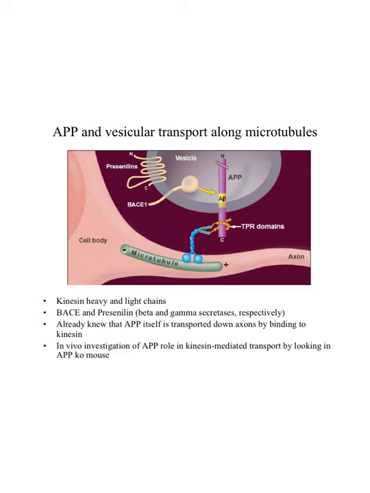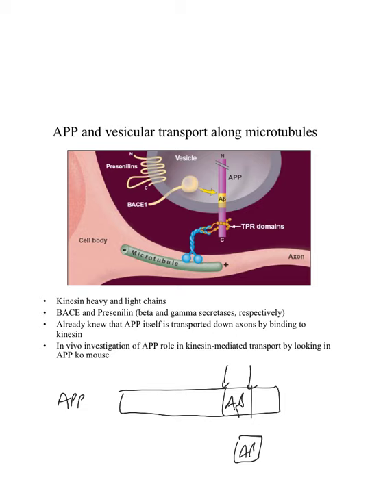So I told you in my lab lecture last week that there's this protein APP. APP includes a sequence of amino acids known as the A-beta domain, or the A-beta sequence. And we talked about how proteases can cut in 2 places to liberate the A-beta fragment.